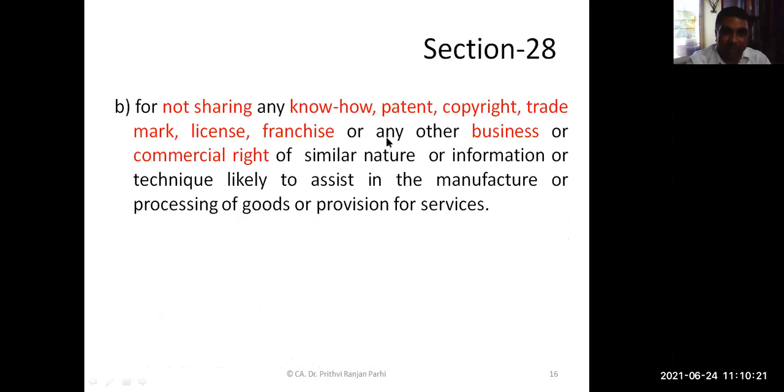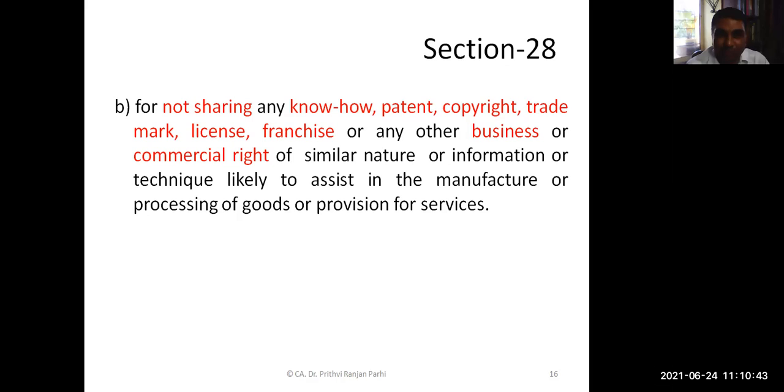That is one. The second thing is that any sum received for not sharing any know-how, patent, copyright, trademark, license, franchise, or any other business or commercial right of similar nature, or information or technique likely to assist the manufacture or processing of goods or provision of services.